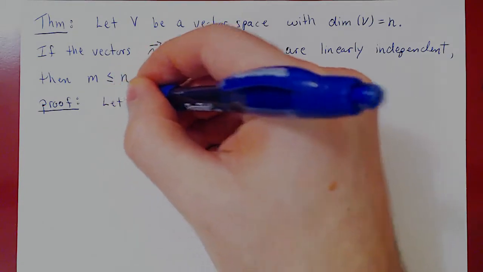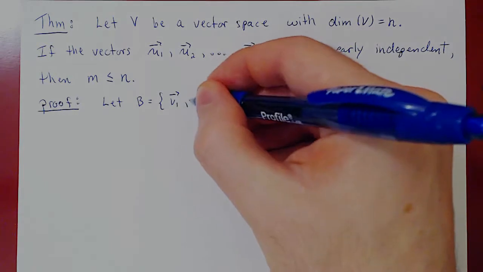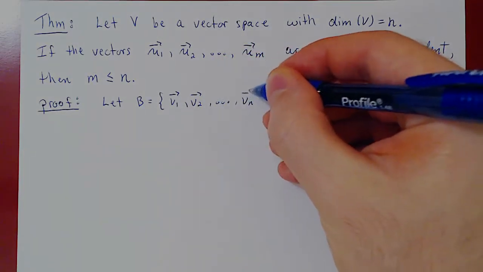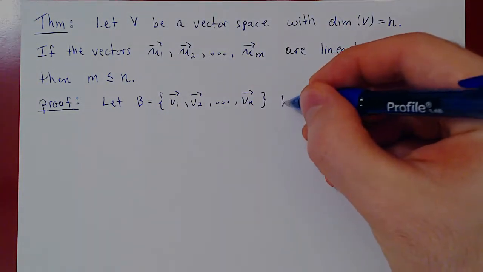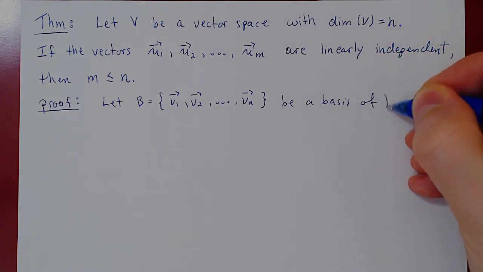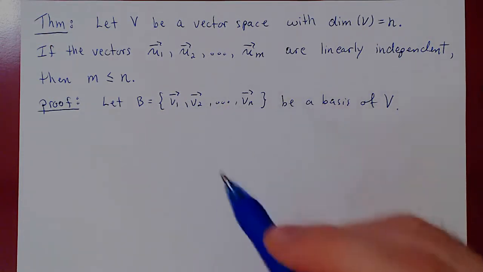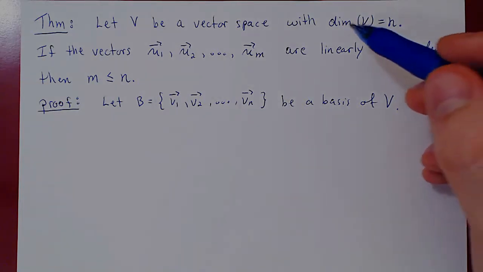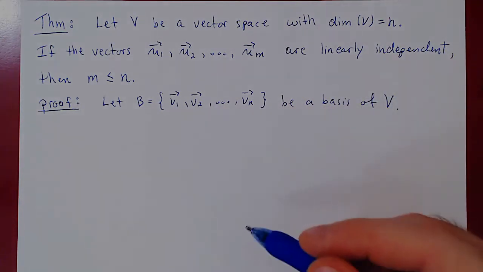So let B, the set v1, v2 up to vn, be a basis of the vector space V. And of course, the basis contains n linearly independent vectors because by assumption the dimension of the space was n, and by definition the dimension of a vector space is the number of vectors in any basis.